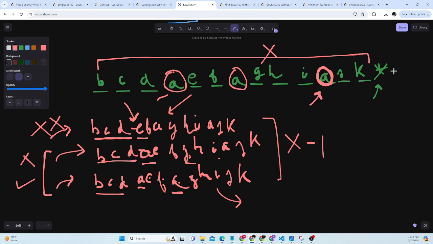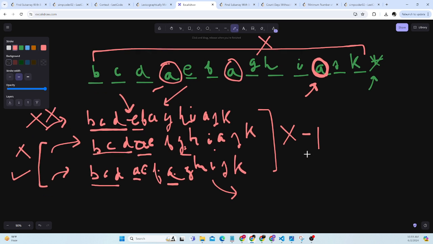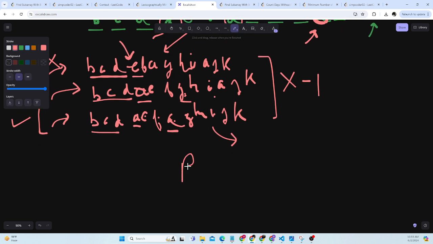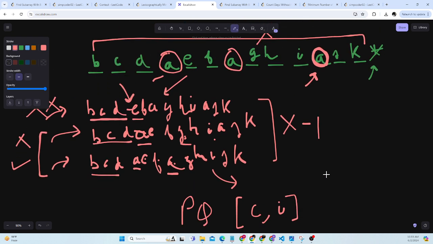And it is now simple. Whenever we don't encounter a star, we'll just maintain a priority queue, and the priority queue will be of character, comma, index. So we'll use a custom comparator and sort all the elements with the smallest character first and with the largest index first.